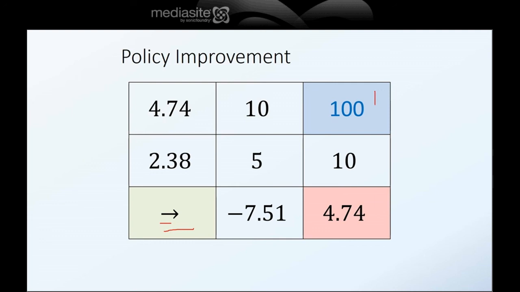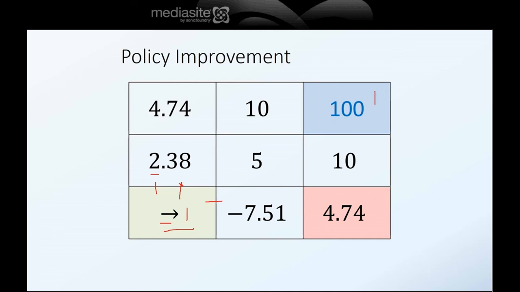What do we do in policy improvement? We change our policy. Each state, the action is now going to take us to the one which has the highest possible value. So from here, the initial state, we can either go right or up, but up has a higher value, and so the optimal action here will be to move up.